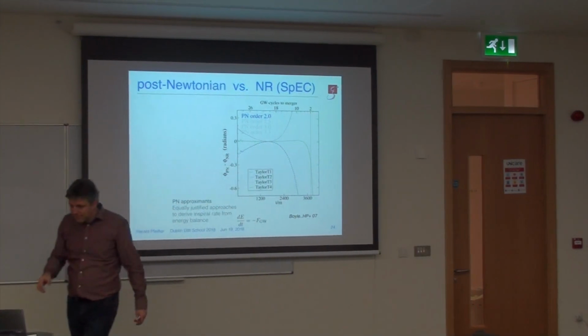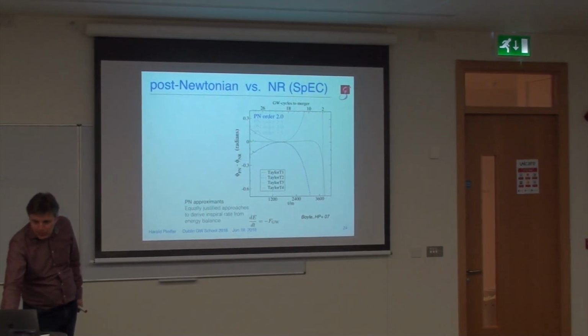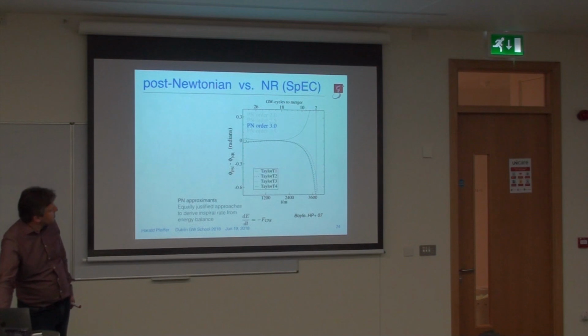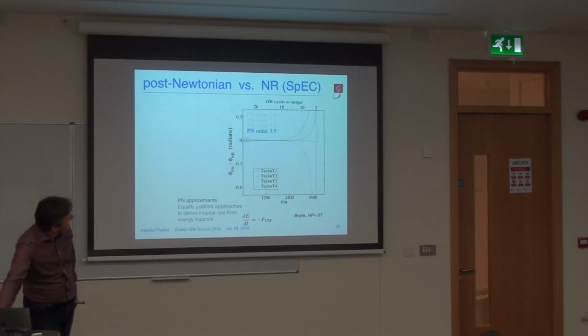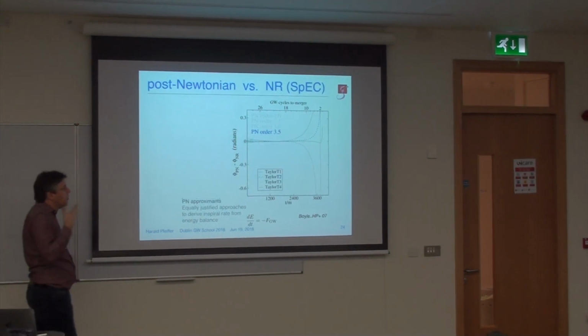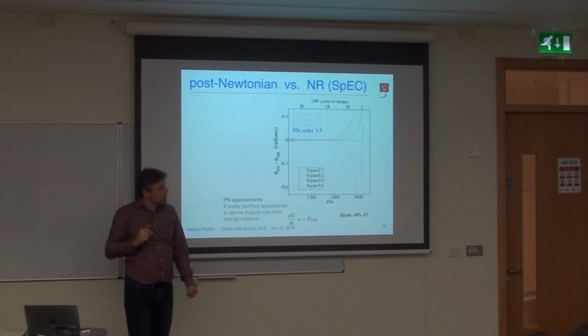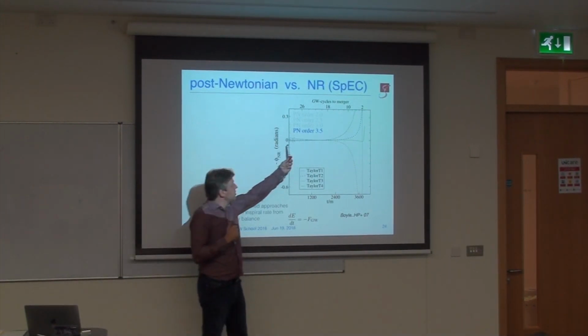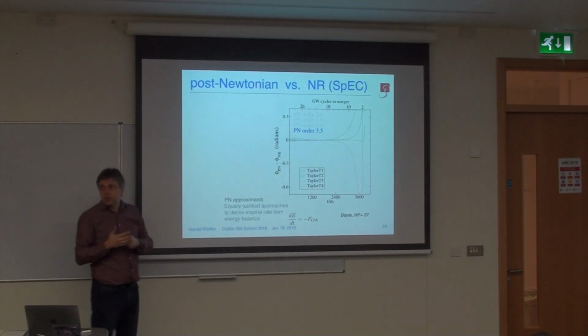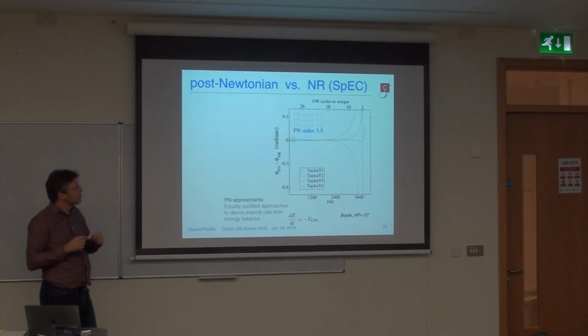But we can now go up and increase the post-Newtonian order, and things are actually converging very, very nicely. And that's important in a few different ways. One of the very important aspects from the numerical side is the very good agreement now early on as a validation that the numerical code actually works as expected.